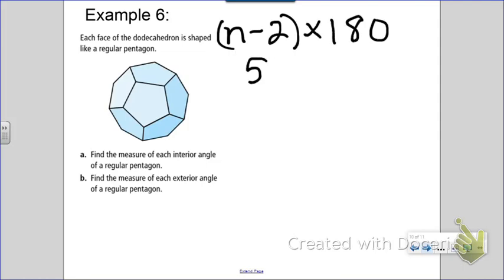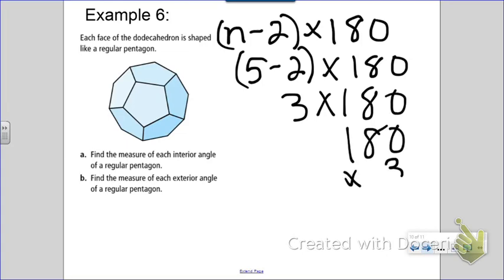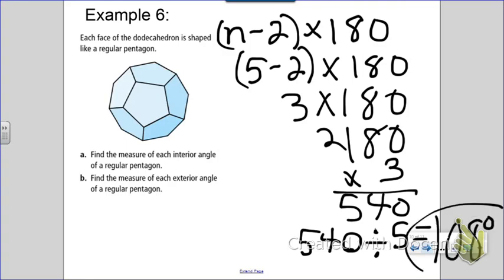A pentagon has 5 sides, so 5 minus 2 times 180, which is 3 times 180, which is 540 degrees. For the sum of all of the angles, we want to know one angle, 540 divided by 5 sides and 5 angles is 108 degrees for each interior angle.